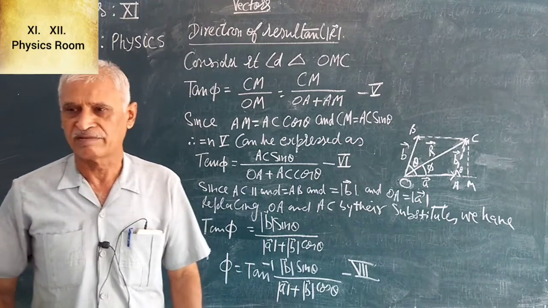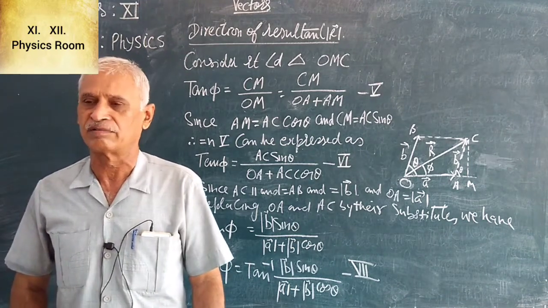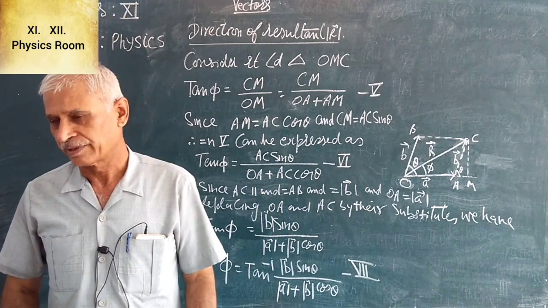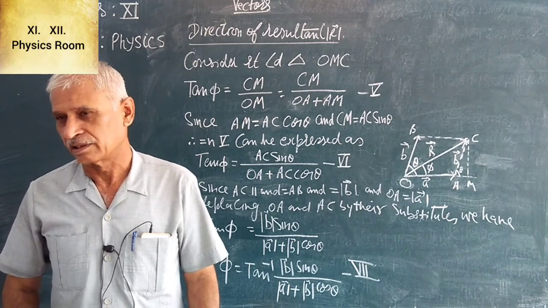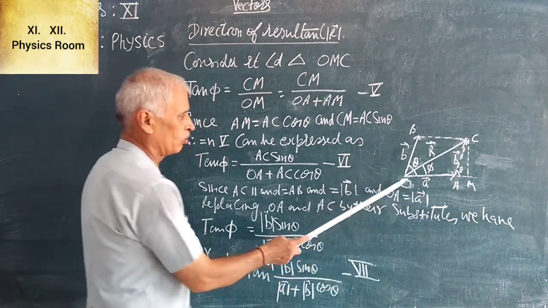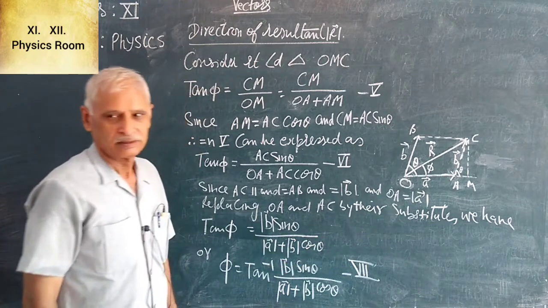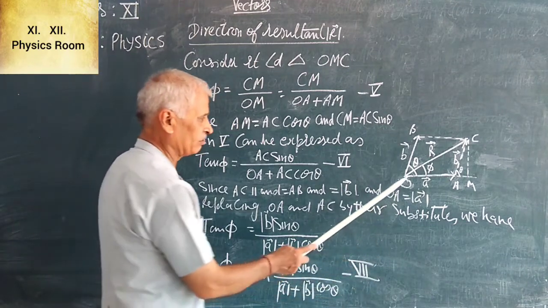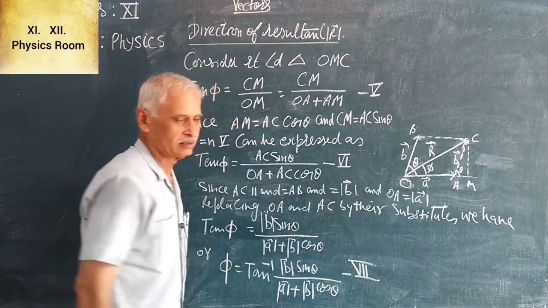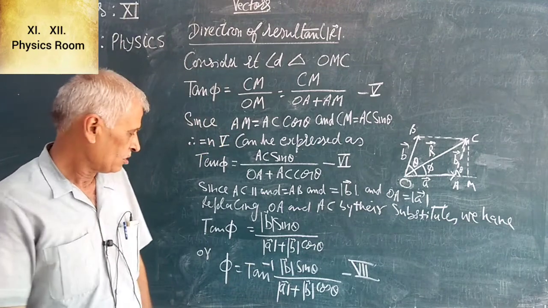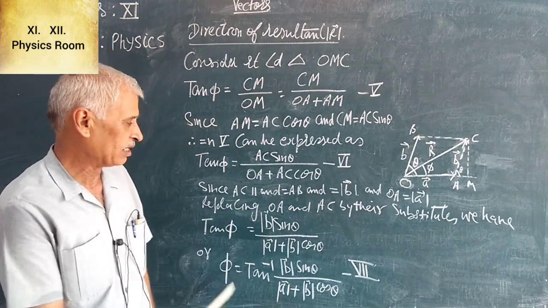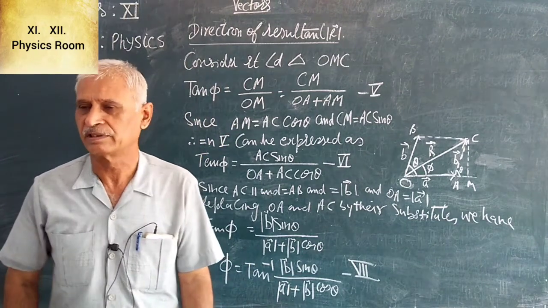Now equation 7 gives us the direction of resultant with respect to vector OA, since R is inclined with OA at an angle phi. So this equation gives us the direction of resultant.